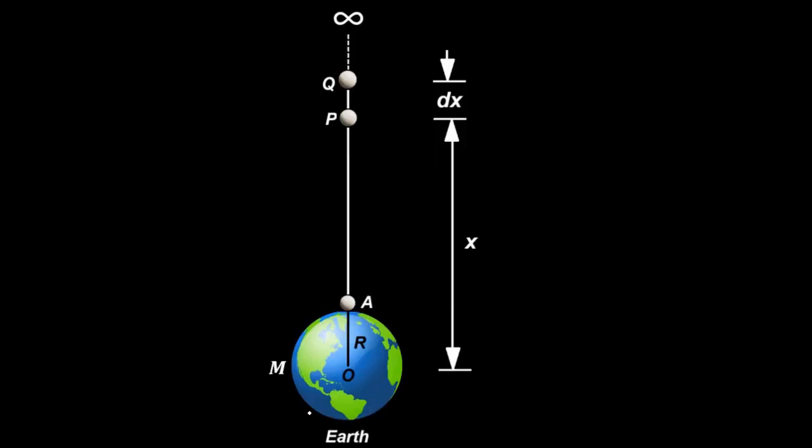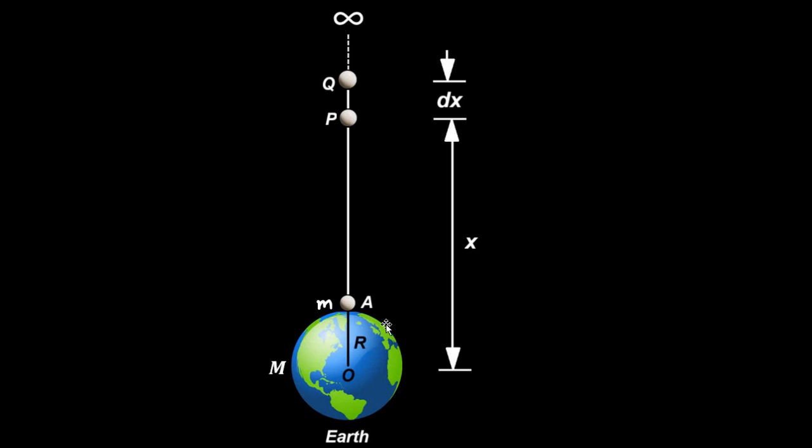Let us say we have Earth, a homogeneous sphere of mass capital M and radius capital R with its center at O. Now we have an object which is on the surface of the Earth at point A. This object has a mass small m.